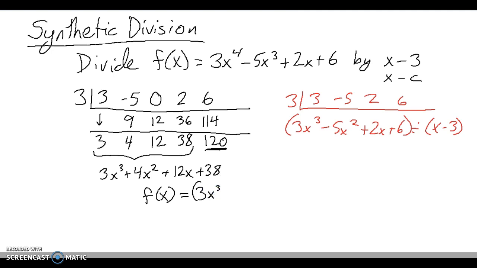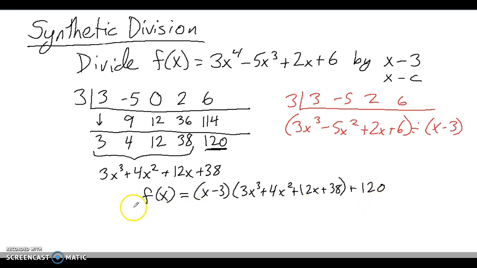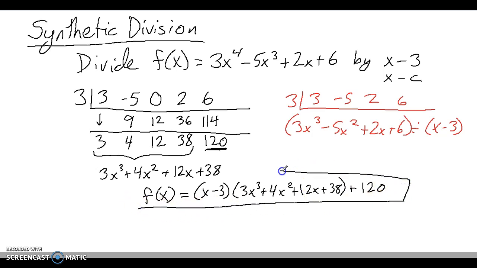Oops, the original algorithm form that your book likes goes the other way. So let's do this the other way. It goes x minus 3 times 3x cubed plus 4x squared plus 12x plus 38, close parentheses, plus 120. And that would be the result of this synthetic division.